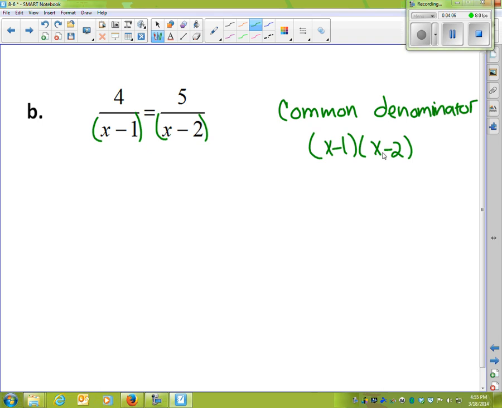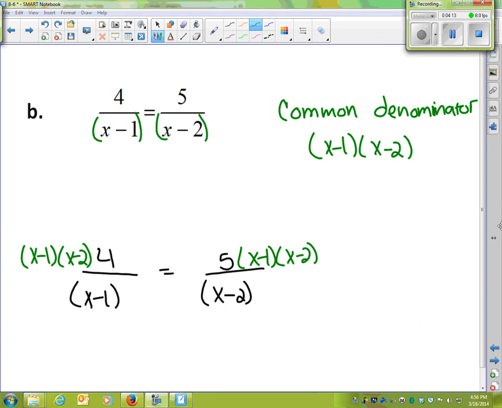Now I want to multiply all the numerators by this common denominator. When I multiply, keeping my binomials in parentheses, I can then reduce any binomials that are exactly the same. So my x minus 1 in the denominator is canceled with the x minus 1 in the numerator.